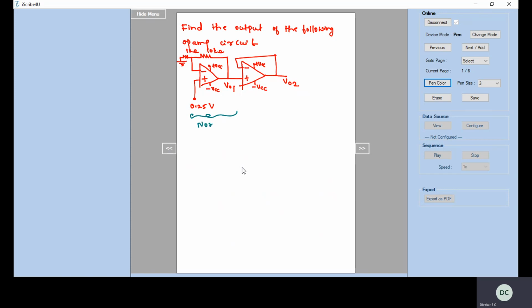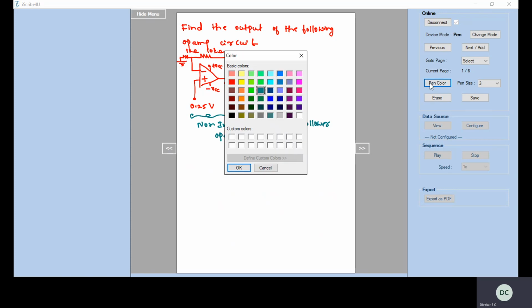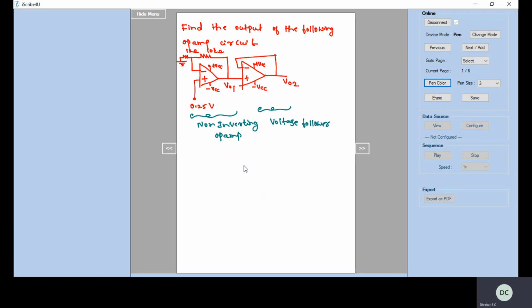So therefore it is a non-inverting operational amplifier. And this is the voltage follower circuit. A voltage follower circuit is one in which the output voltage follows the input voltage. Since the output voltage follows the input voltage, VO2 is nothing but VO1.